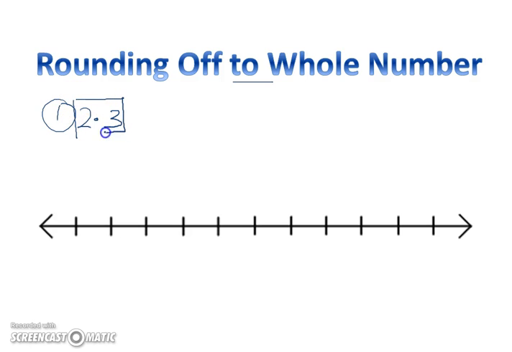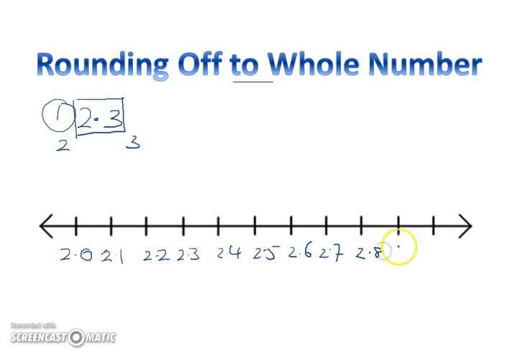What is the whole number here? It's between 2 and 3. Very good. So same thing, let's label all the intervals in the number line. 2.0, if you want. If not, you can go straight to 2, 2.1, 2.2, 2.3, 2.4, 2.5, 2.6, 2.7, 2.8, 2.9, 3.